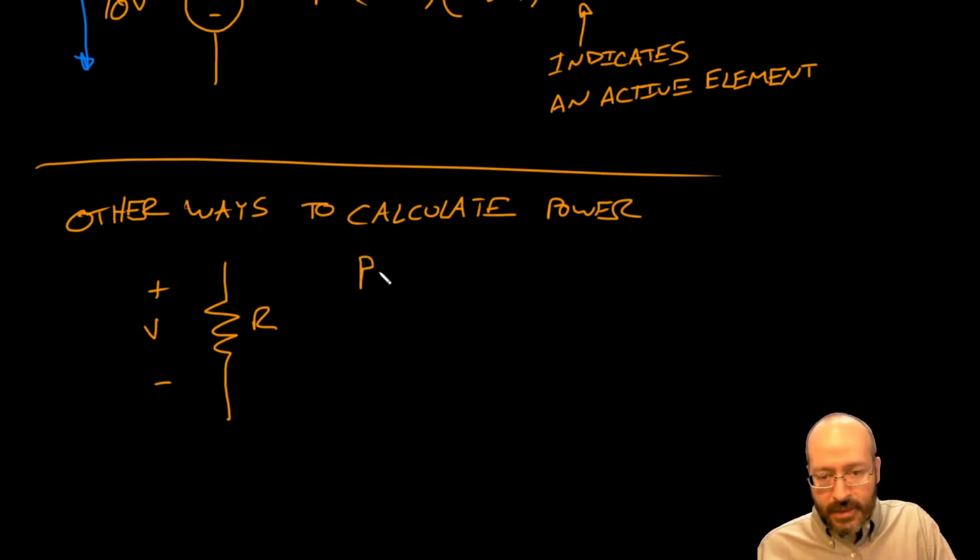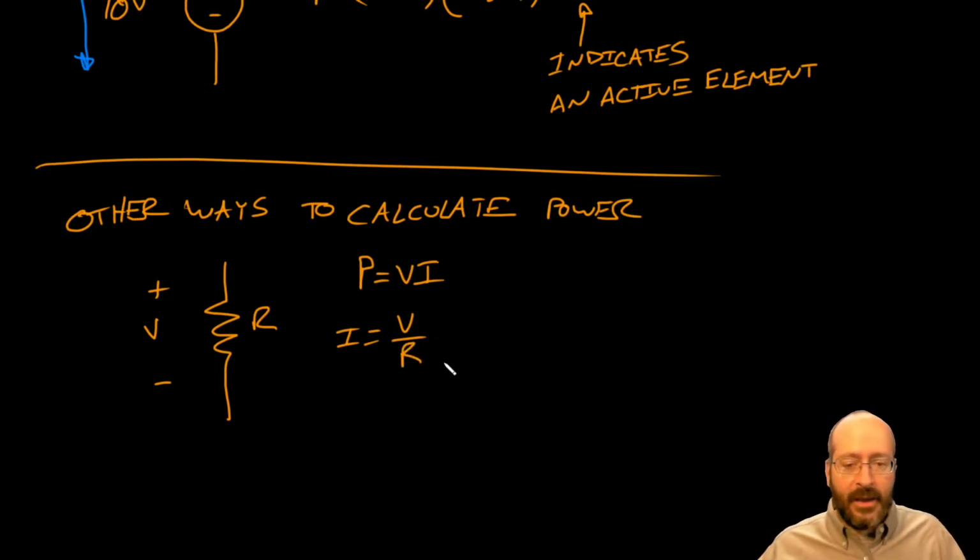And we can do that. We know P equals VI, okay, but we don't have I calculated explicitly. So we come over here and we say, well, I equals V over R. And we use Ohm's law to calculate I. Perfectly reasonable thing to do.